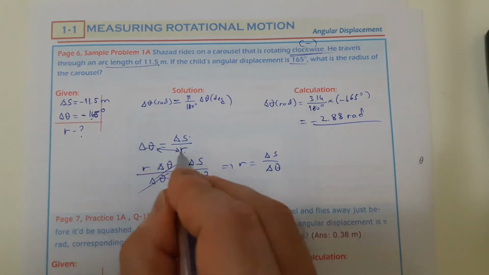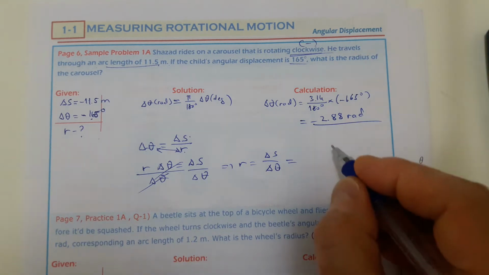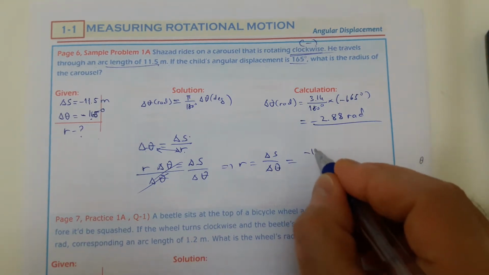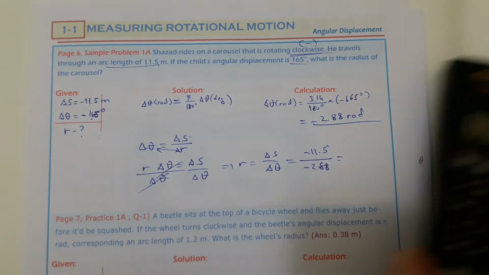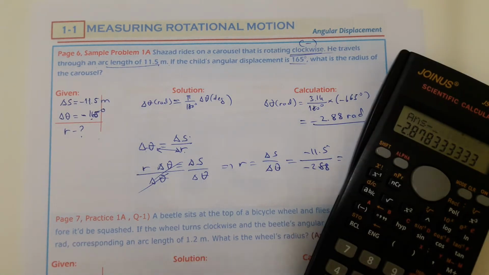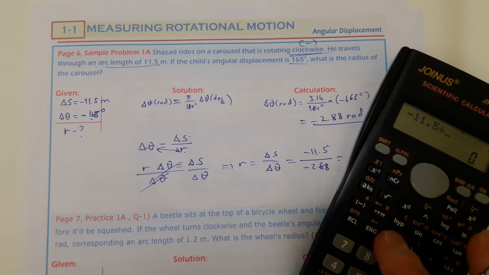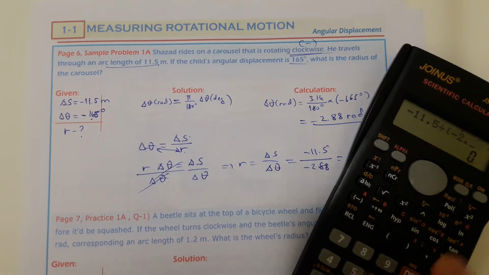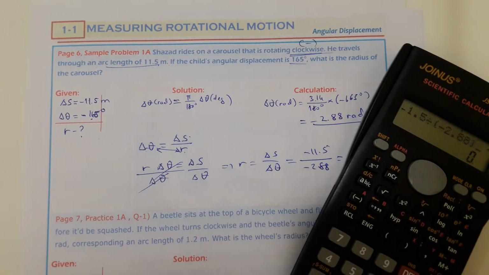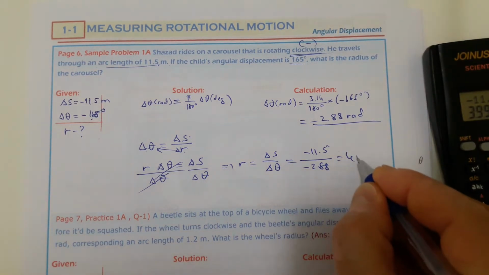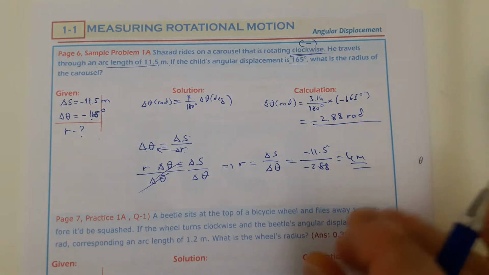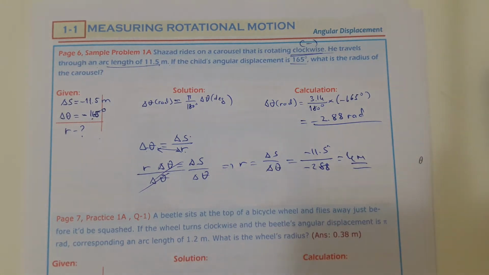Delta S is negative 11.5, delta theta negative 2.88. So now let's calculate negative 11.5 divided by negative 2.88, close the bracket, which is equal to 3.99, which is almost 4 meters. Radius of this carousel is 4 meters.